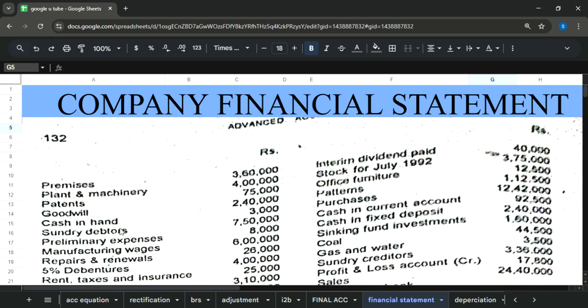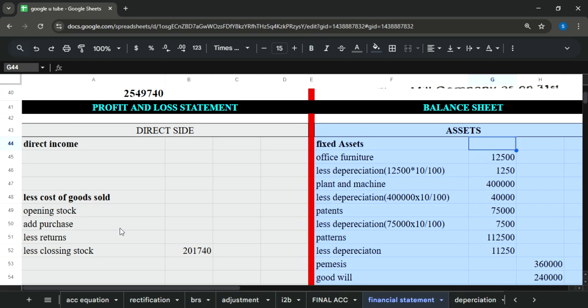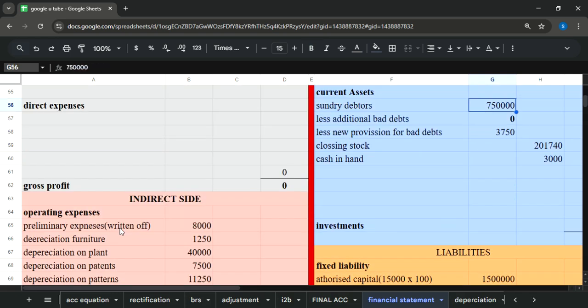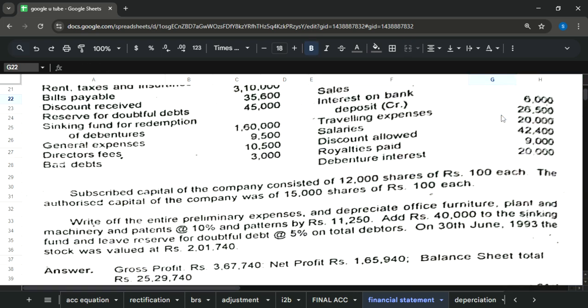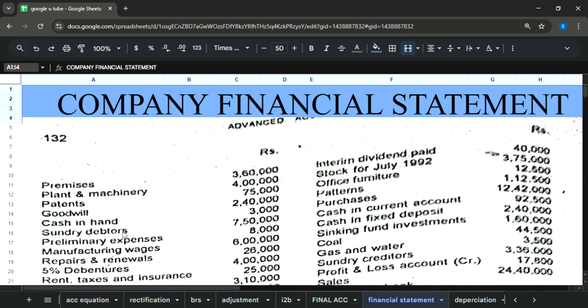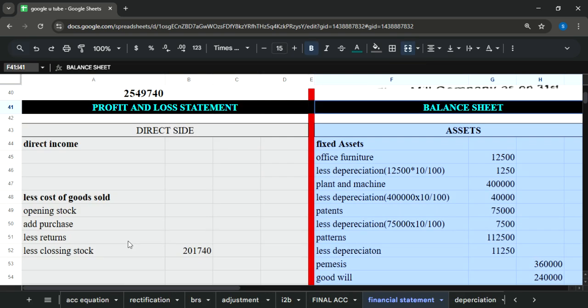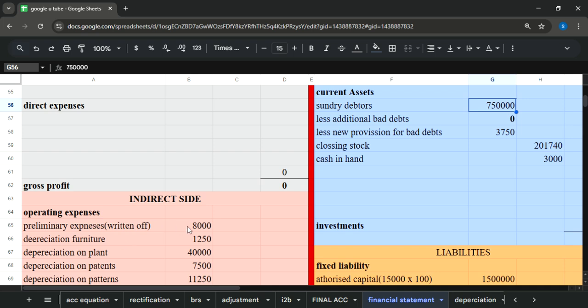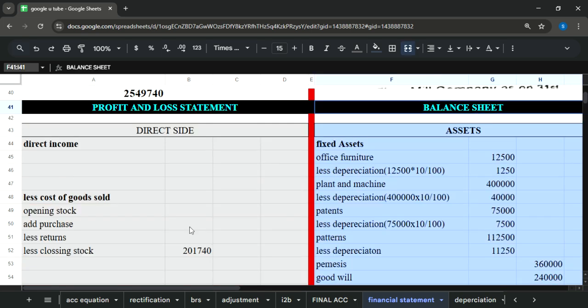Then sundry debtors 750,000. I think we have written it. Look at here, 750,000 already posted. After that we have preliminary expenses 8,000. Okay.